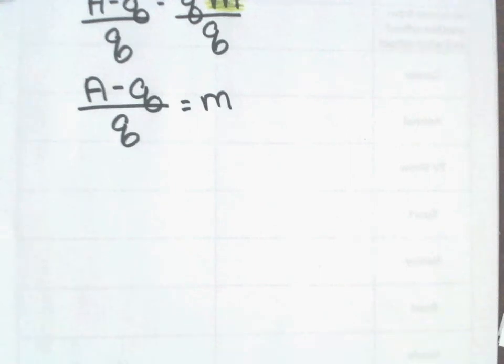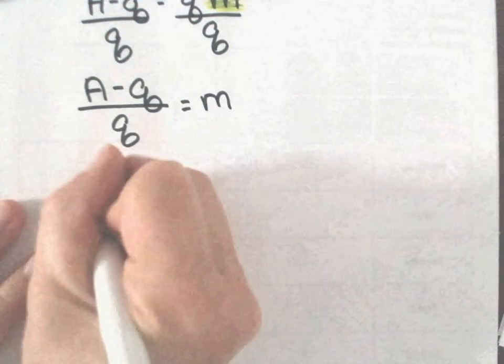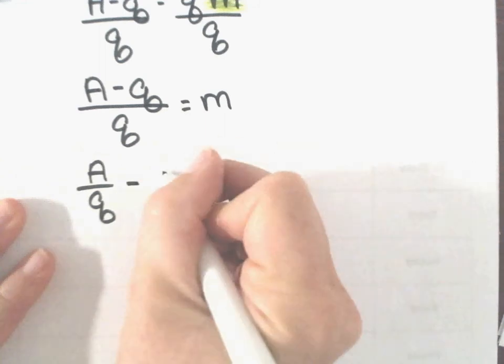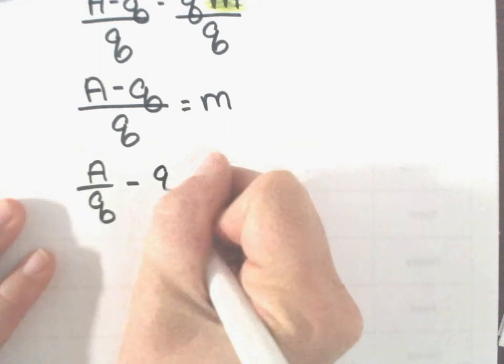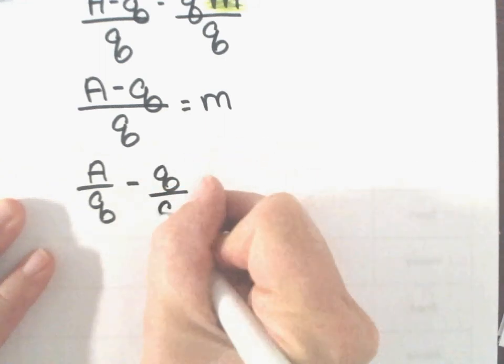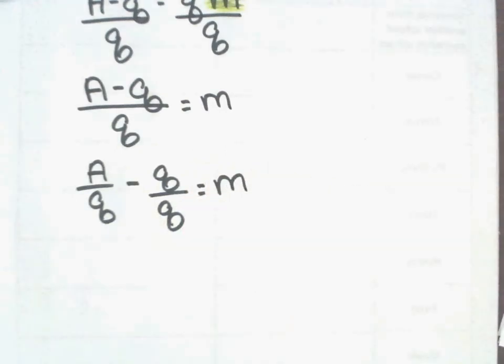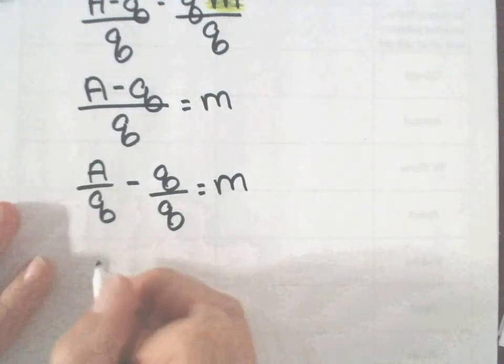Go back and look at number 4 that we did. What are the other 2 forms that I can write this as? A divided by Q minus Q divided by Q, which equals... You mean Q. Oh, yeah, you're right. That's one equivalent form. All I did was separate it out into 2 fractions.